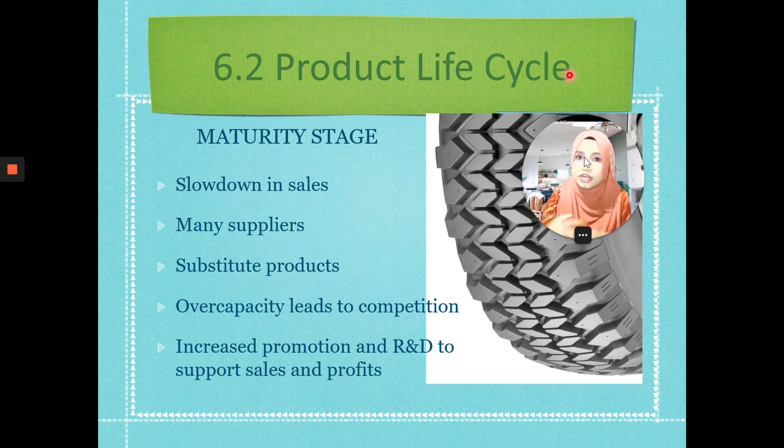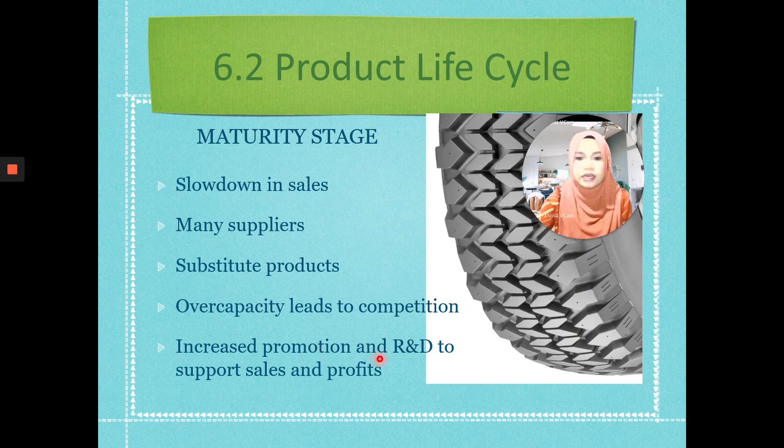So your factory or manufacturing department is at over capacity. That means your supply is in excess. If supply is excess and demand is not that much, you know what you need to do. You need to reduce the price further, and you may need to increase your promotion by telling people that your product is still good and people should buy it.